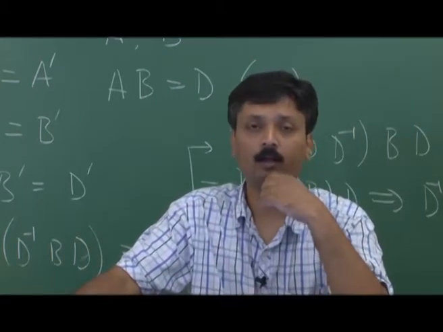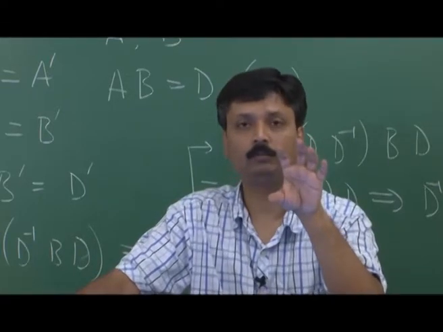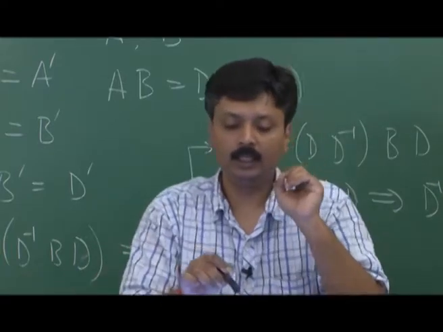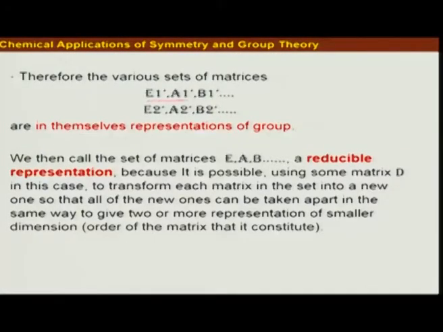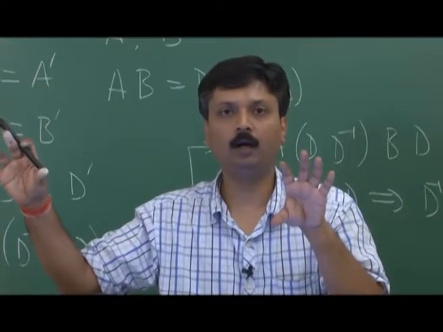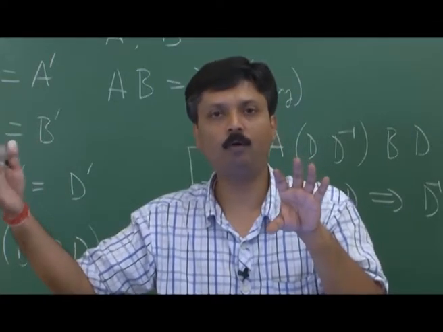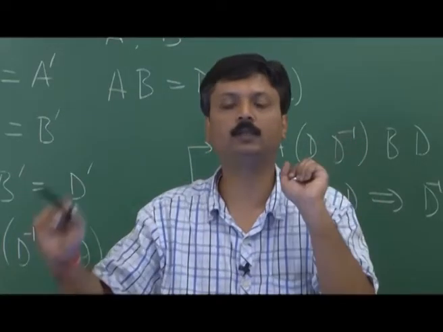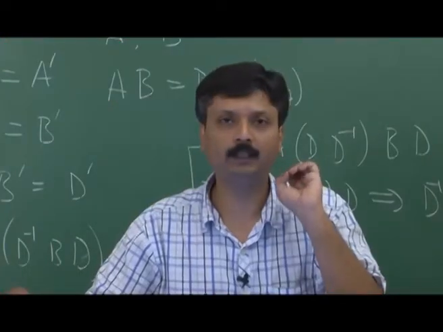Then we can take each block and form a representation. So for example, this E1 prime, A1 prime, B1 prime, they are just the blocks taken out from each of these matrices that are formed out of similarity transformation. So another set is E2 prime, A2 prime, B2 prime, and so on, E3 prime, A3 prime, B3 prime, and so on. So each of these sets of blocks are also representations.